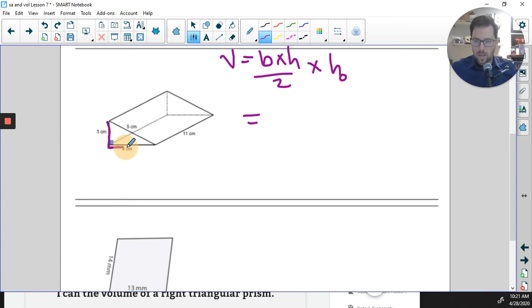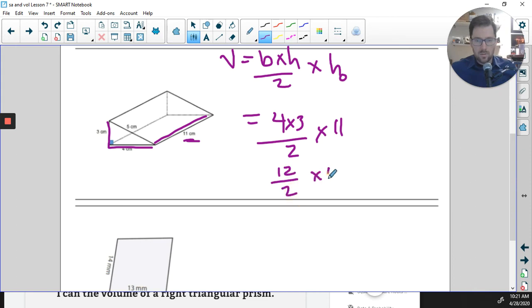Do those form a 90 degree? Yes. So we've got 4 times 3 divided by 2 times our length, or our height of our object, is 11. So 4 times 3 is 12 divided by 2 times 11.